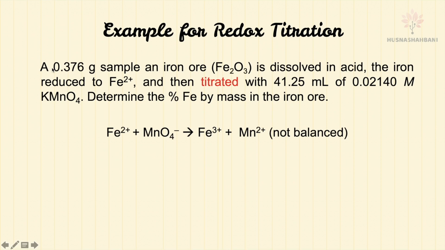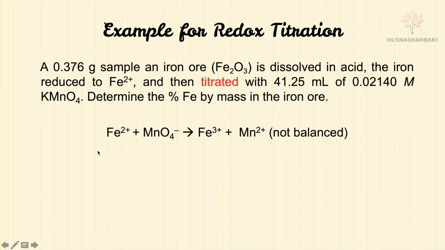The iron is reduced to Fe2+ and then titrated with 41.25 ml of 0.0214 molar potassium permanganate. Determine the percentage of iron by mass in the iron ore. So we want the purity of iron in the iron ore.